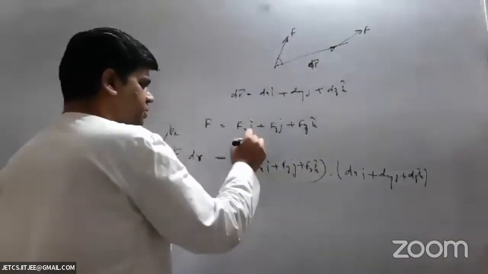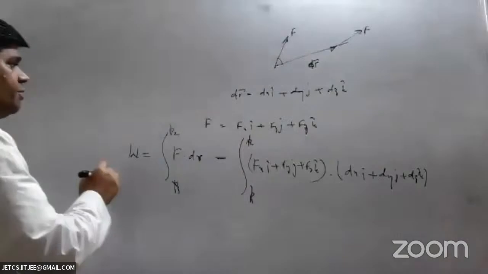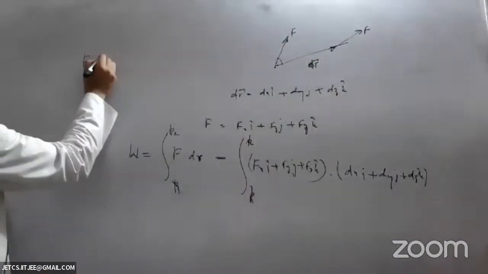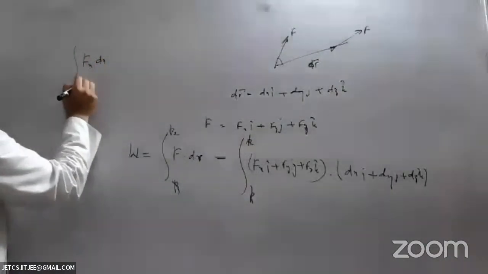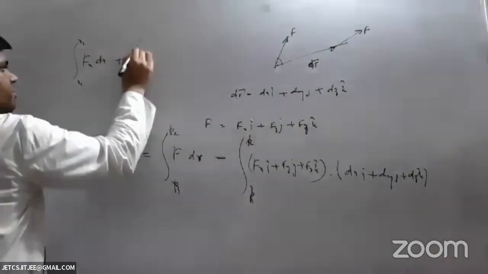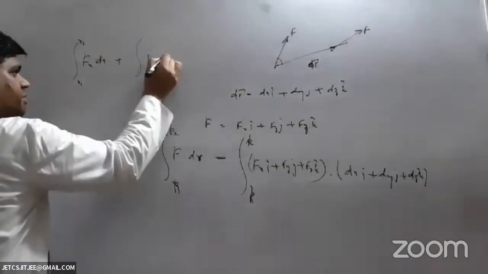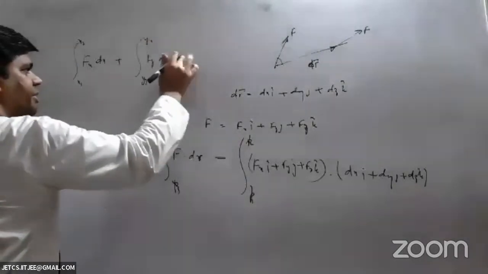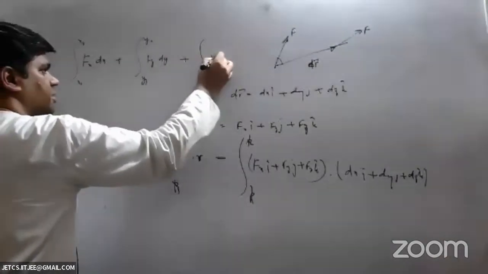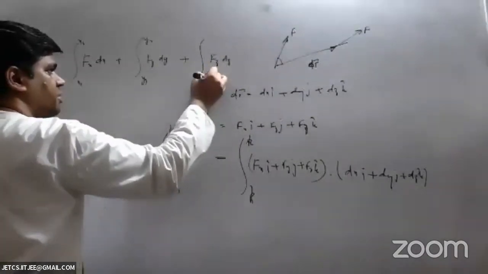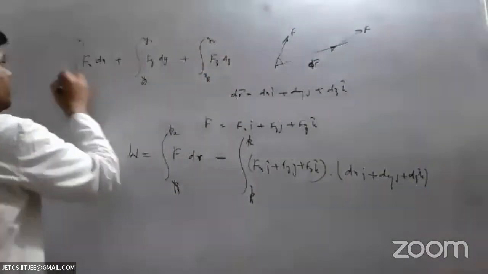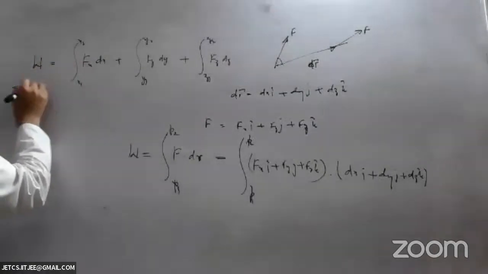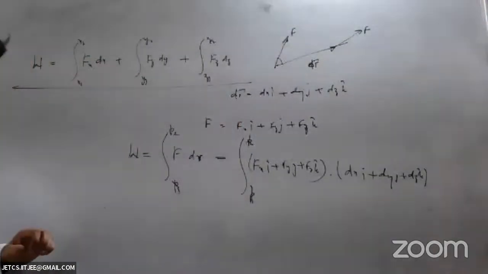This is from position 1 to position 2. So that would be fx dx from x1 to x2, plus fy dy, plus fz dz from z1 to z2. Now this is my total work done.